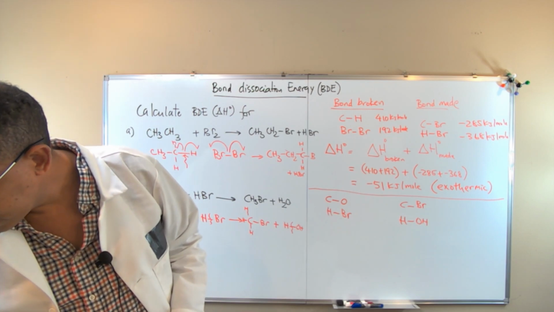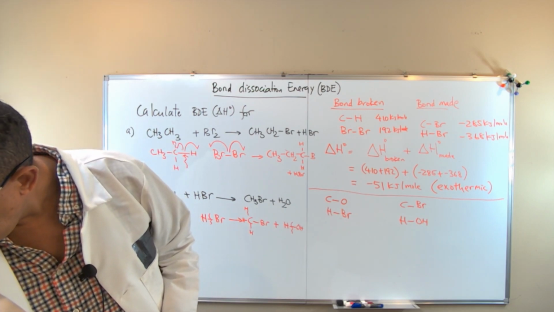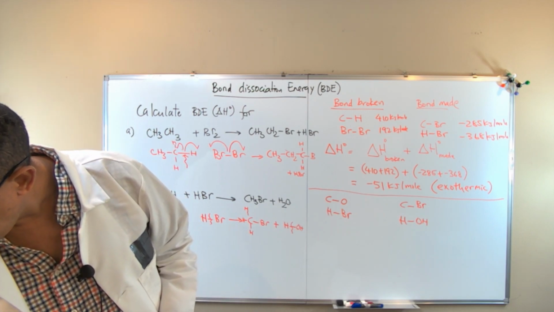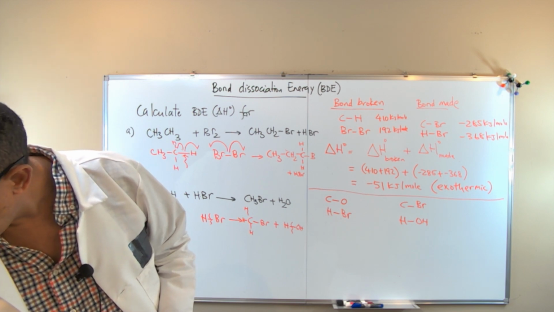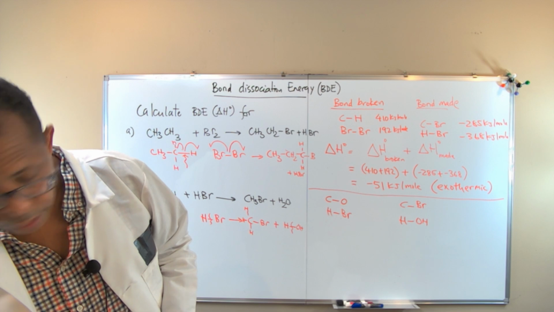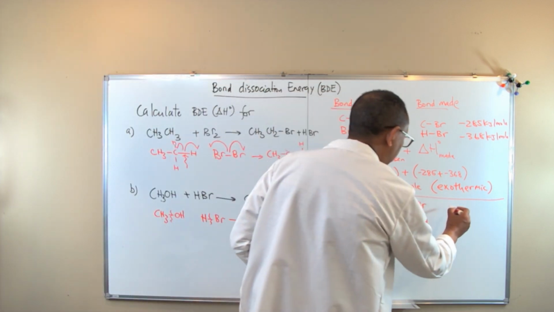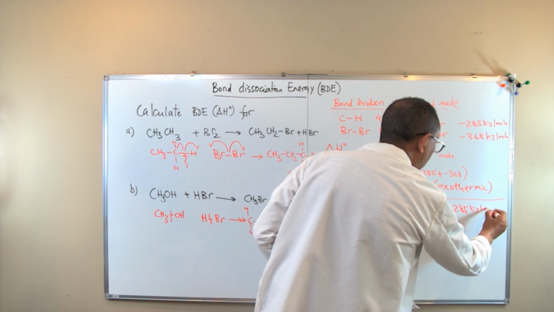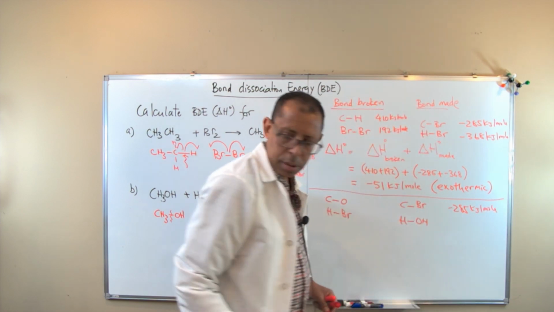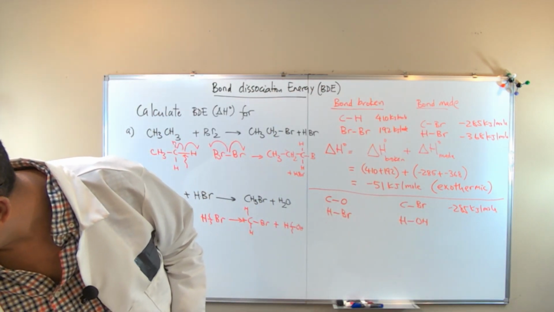I just have to look up some numbers here. C-Br is minus 285 kilojoules per mole, the same as above. You can check this if I made a mistake.